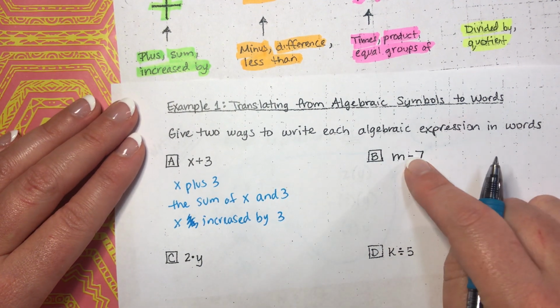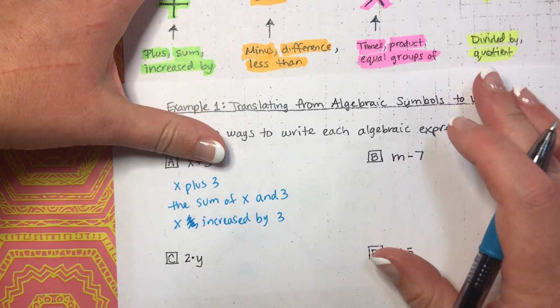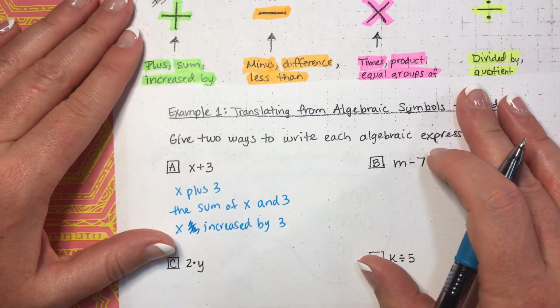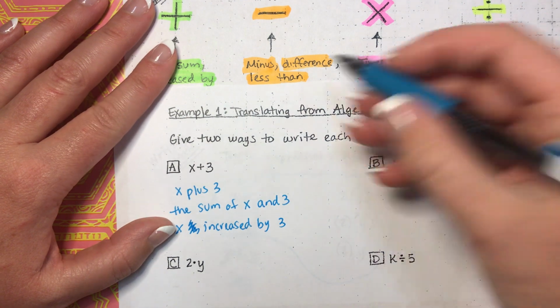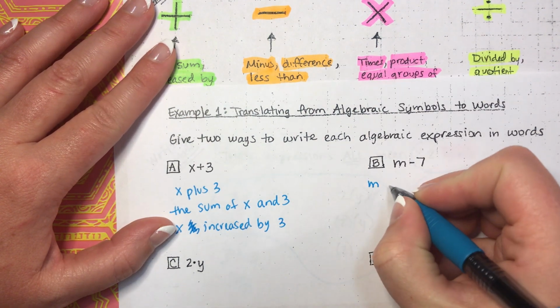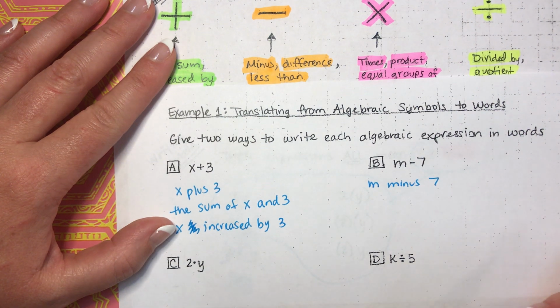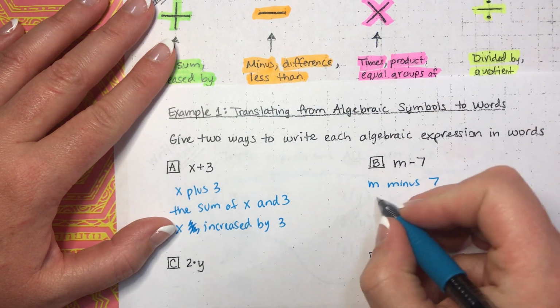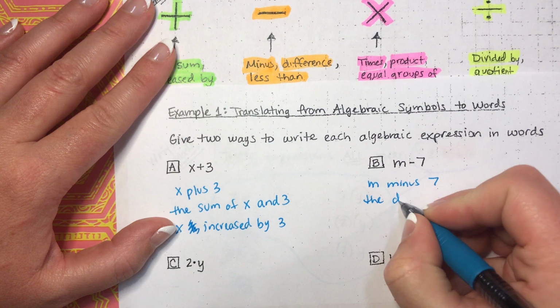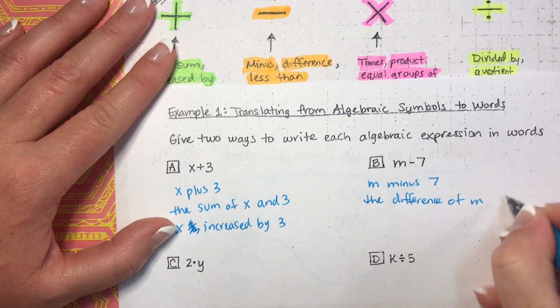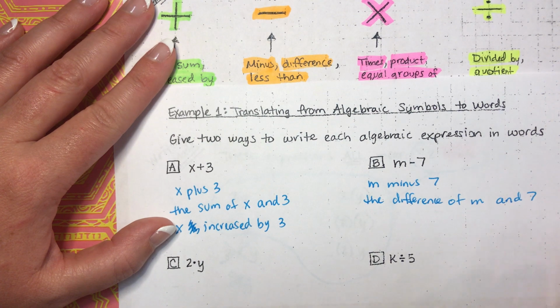Here we are dealing with subtraction. So what are the key words for subtraction? Well, we have minus, difference, and less than. Okay, so we could say m minus 7. That would be one way to write it. We could write the difference of m and 7.